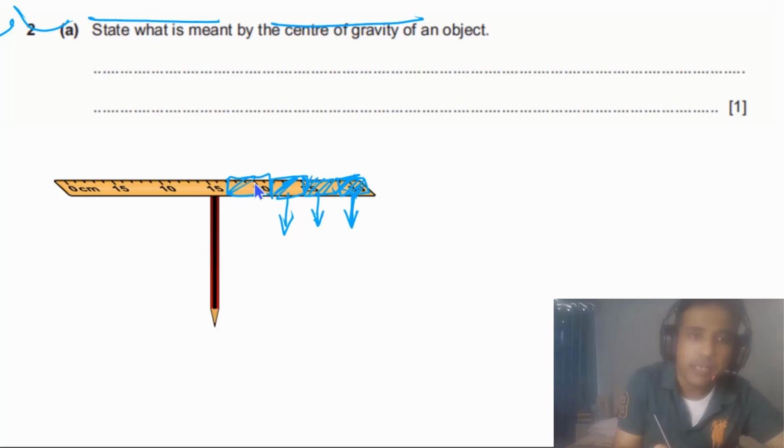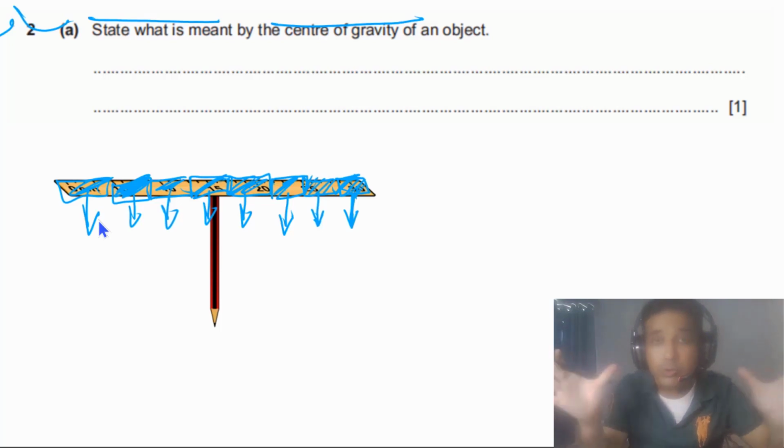In this piece of meter rule, it has certain mass, so there is force of gravity on that. I can take the next part, so there will be force acting downwards. Here weight is acting downward, and here weight is acting downward.